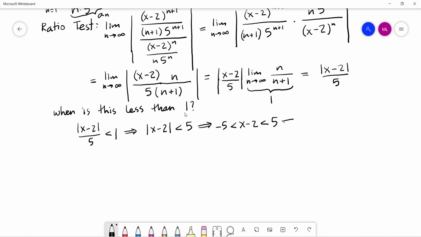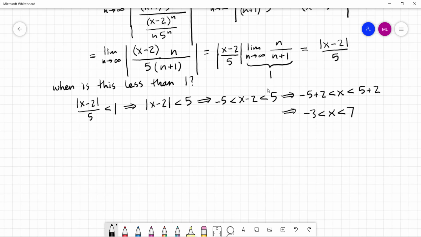And that will give me, now adding 2 to both sides to get x by itself, negative 5 plus 2 less than x less than 5 plus 2, which finally gives me, when it's all said and done, negative 3 less than x less than 7.